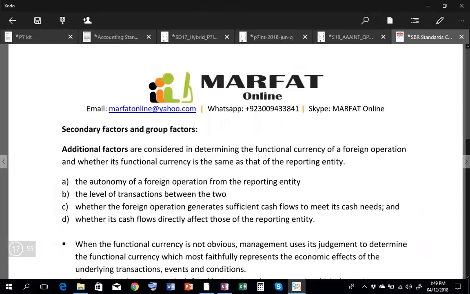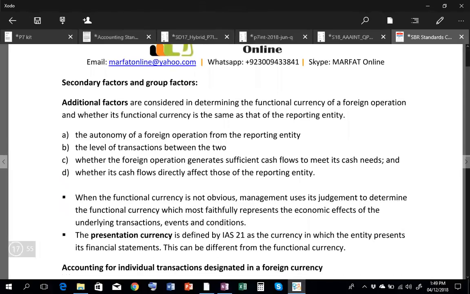The second thing is additional factors, and this is primarily for the foreign operation, the foreign subsidiary, and you can expect this question again in the exam. For example, how to determine the functional currency of the foreign operation? Then you need to see whether that foreign operation has autonomy. Autonomy means whether they are under the control of the parent company and do whatever the parent company says, or they have significant autonomy.